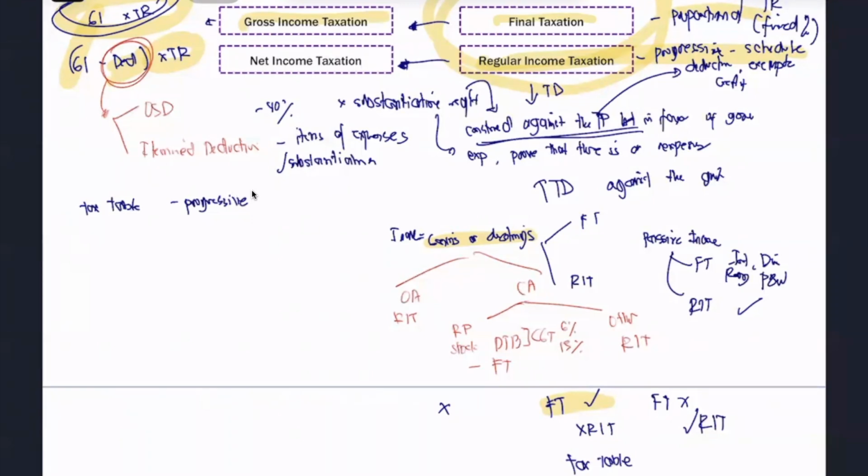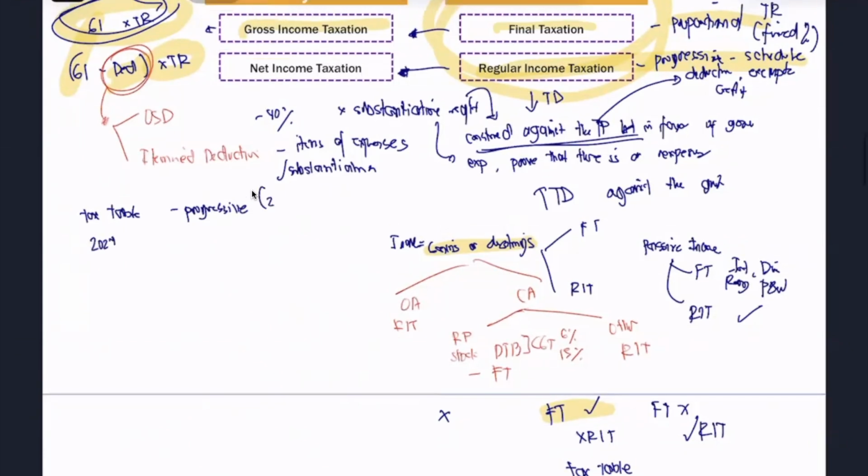Since it is now 2024, we follow the 2023 onwards tax table. The first thing you need to determine is the amount of taxable income. So, first 0, and then 250, and then 400, and then 800, 2 million, and then 8 million.